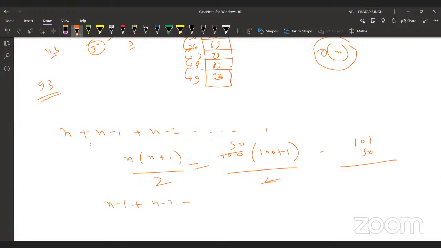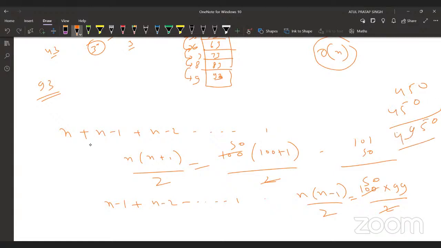That's n minus 2 down to 1, and then the formula will become n into n minus 1 divided by 2. Then n equal to 100, so 100 into 99 divided by 2 is 4950. So we are using this formula to calculate the total time.